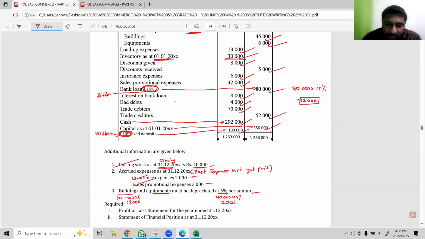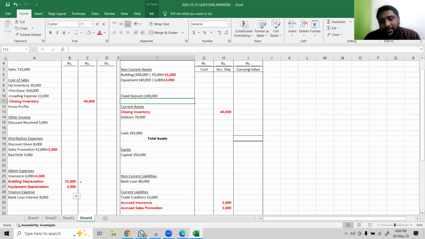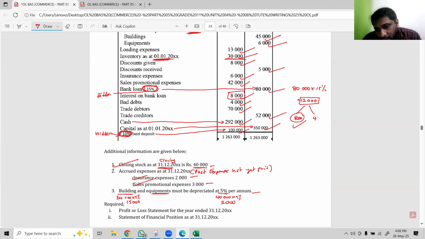In this question, 8,000 is already paid and recorded. You can see that 8,000 under the finance expense. So we have to record only another 4,000. This is not yet recorded; this 4,000 we have to record.